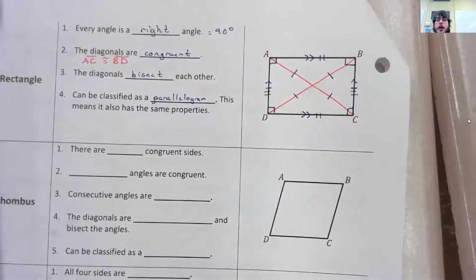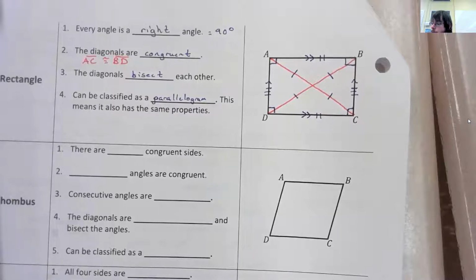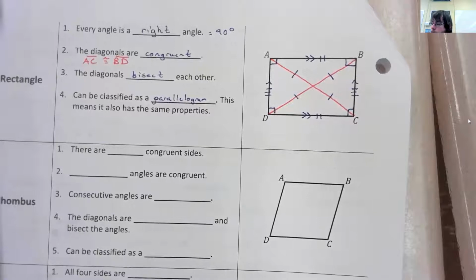Like I said, the markings are just telling you that something's congruent, parallel, whatever else. We're going to be filling out a chart for this in one of the future lessons, so it should be a little bit easier at that point. All right, so that's a rectangle.